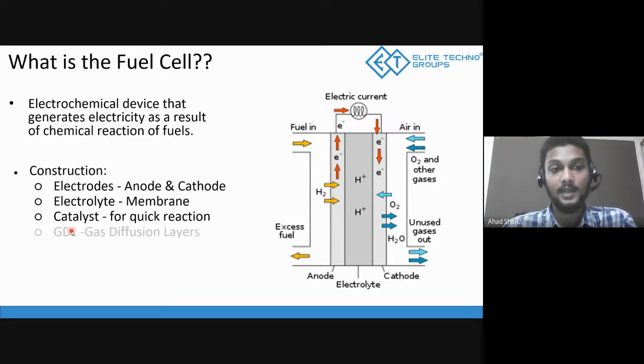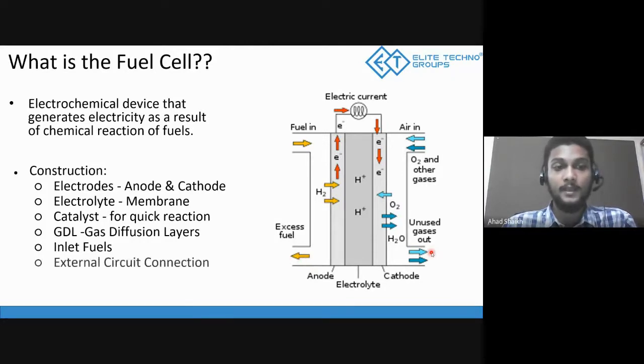And after that there is a gas diffusion layer, which helps to distribute the gas all over the cathode and anode in an equal manner. And surely there are inlet fuels, so we have to give some ports to enter the fuel, and some ports to exhaust, to get out the excess fuels.